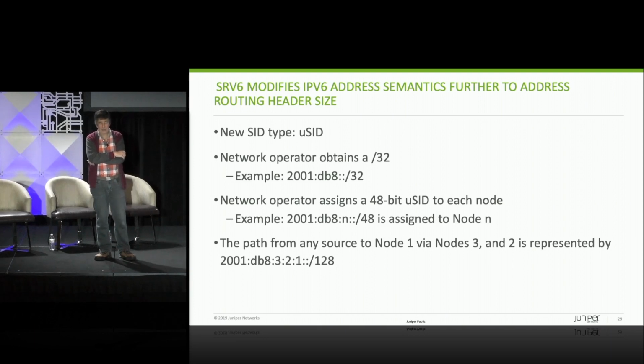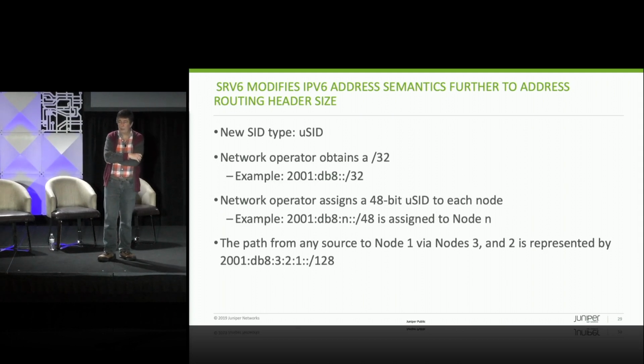Now, the path from node 1 to node 3, let's say the path to node 1 via node 3 and node 2, is represented by the 32 followed by the unique 16 bits of each. So it's represented by 2001:db8:3:2:1.